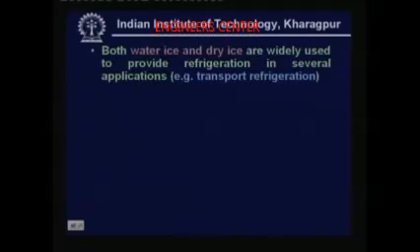Okay, so that is the quickest way of reducing the temperature. And these methods are also used in some special applications such as transport refrigeration. Especially solid carbon dioxide is used very widely in transport applications to keep the products cool. When you are using solid carbon dioxide, you can achieve temperatures as low as -78.5 degrees. So that means you can use this even for frozen food storage.